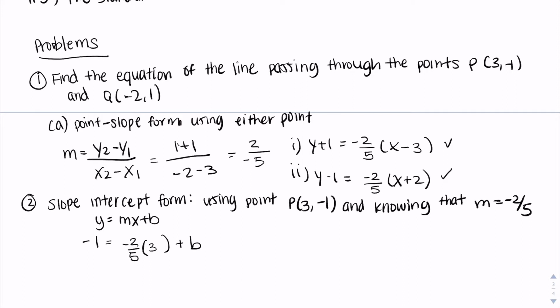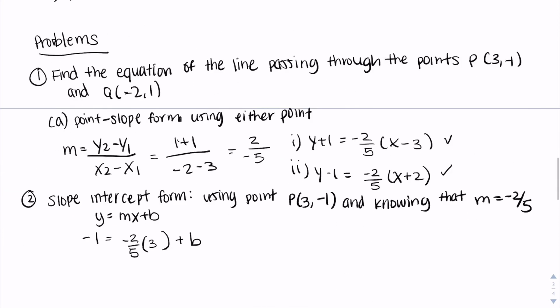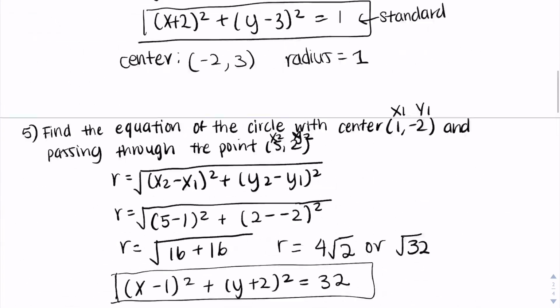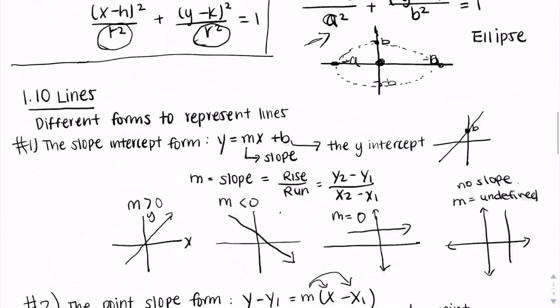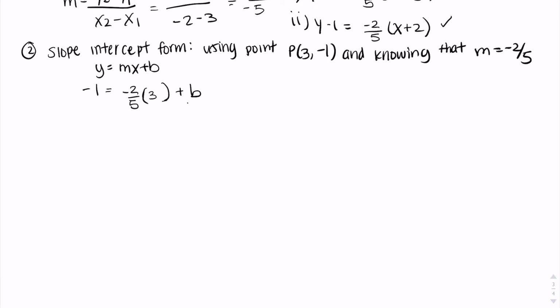So in this question, you will be able to find out your y-intercept as well. So let's work it out. Negative 1 equals negative 6 over 5 plus b. b is equal to negative 1 plus 6 over 5.